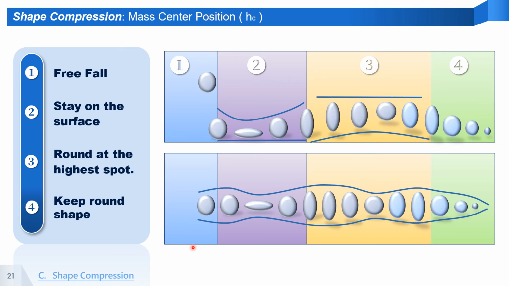These are the 4 steps of contacting and rebounding. In the first step, water just gets free fall from the initial height. And then in period 2, the bottom of the drop always stays on the ground, but the size of the drop gets smaller and stretched.